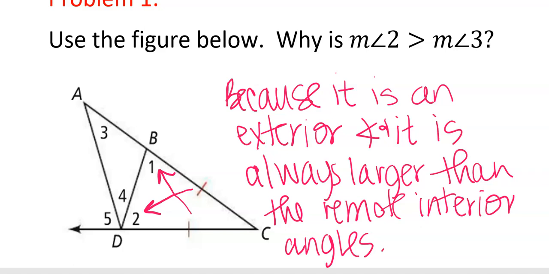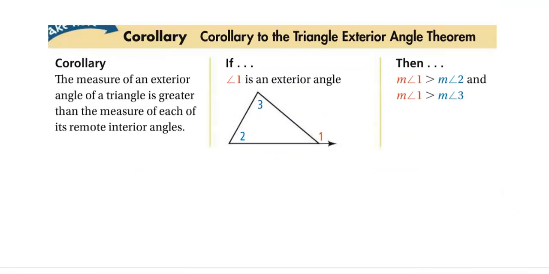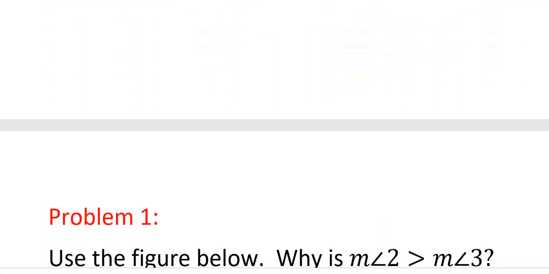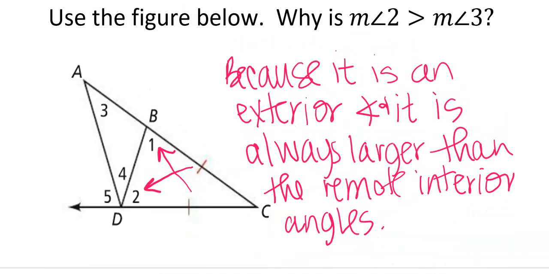You could probably put it's an exterior angle and then put the corollary to the triangle exterior angle theorem if you want to write those words, but it's just as many words as what I just wrote.